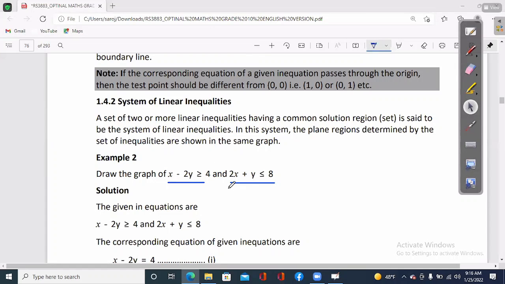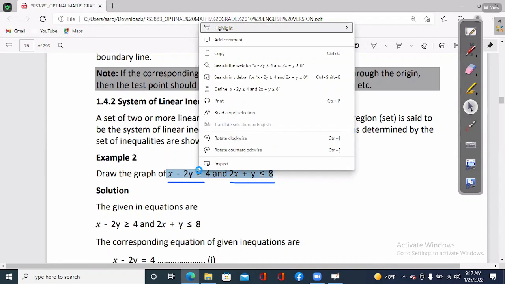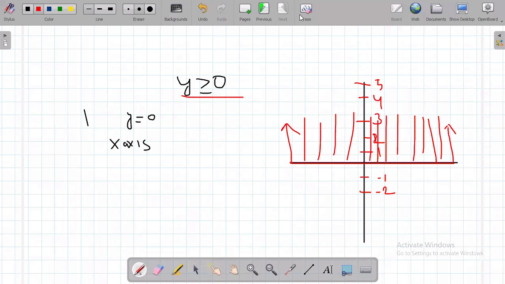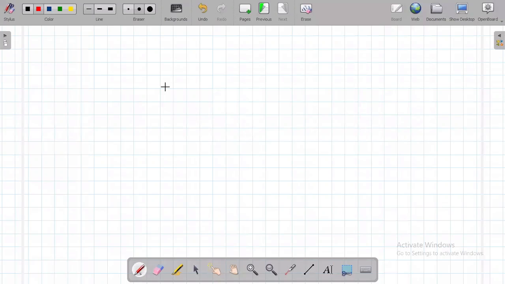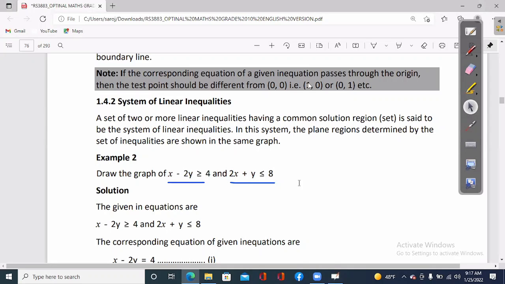X minus 2y. I cannot paste here. I'm waiting, my dear students.